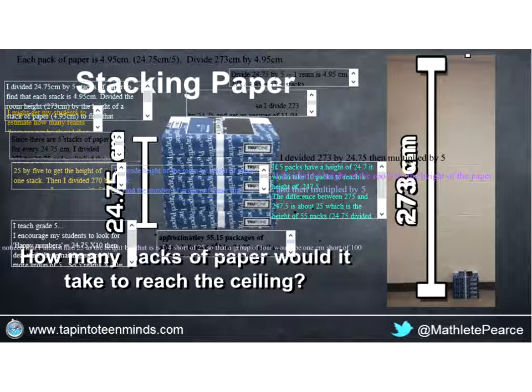And you can see this final 56 packs in order to reach the ceiling. Now, something that is really interesting is at this point, when you see that it actually came out to 56 reams of paper, yet you guys only said it should only take 55, and I think it was 0.15.